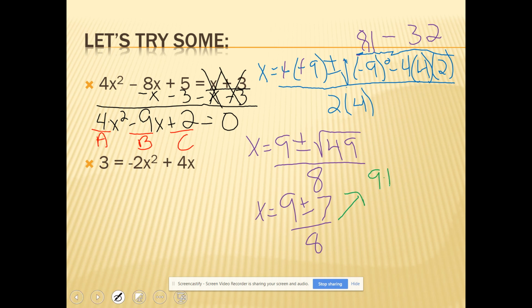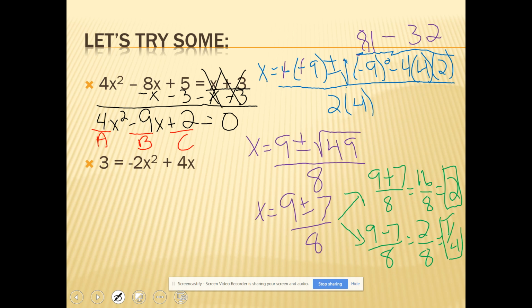I'm going to do 9 plus 7 over 8 and 9 minus 7 over 8. 9 plus 7 is 16, and 16 divided by 8 is 2. 9 minus 7 is 2 over 8, which reduces to 1/4. So my x-intercepts, zeros, roots, or solutions to this problem are 2 and 1/4.